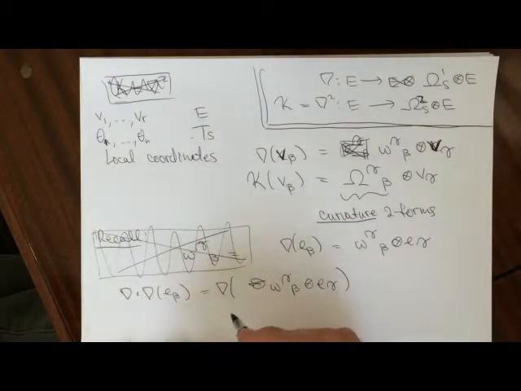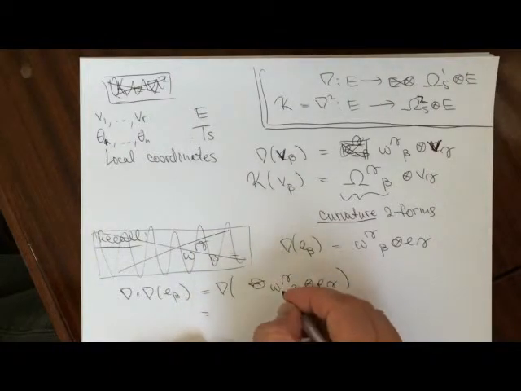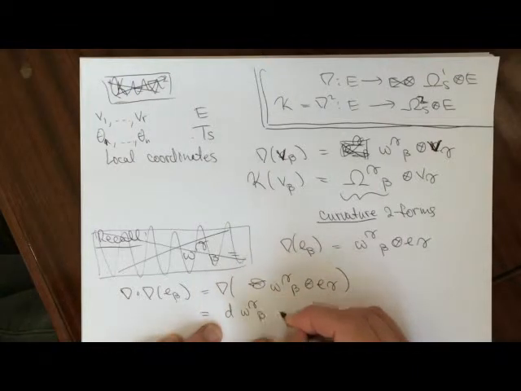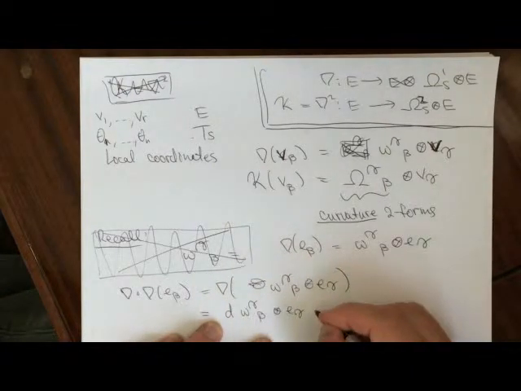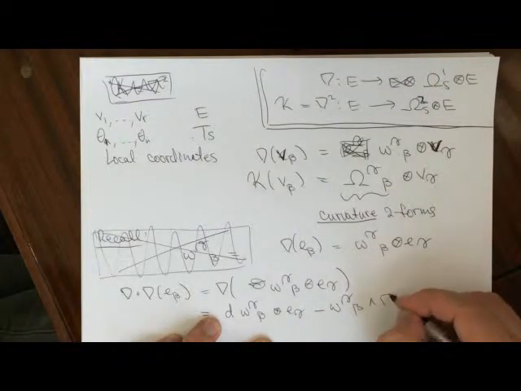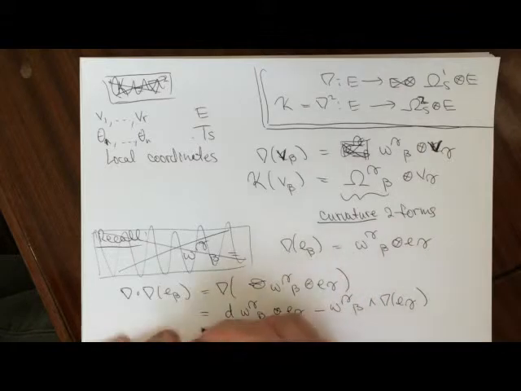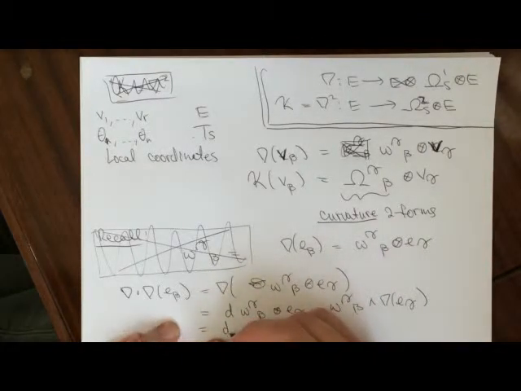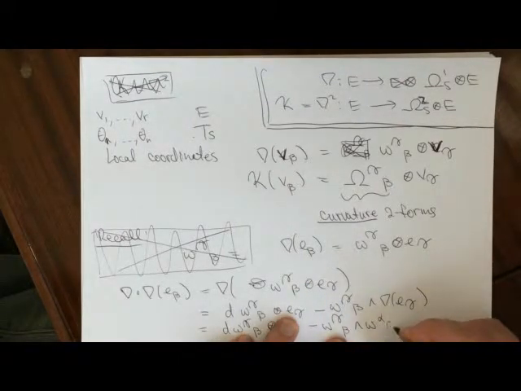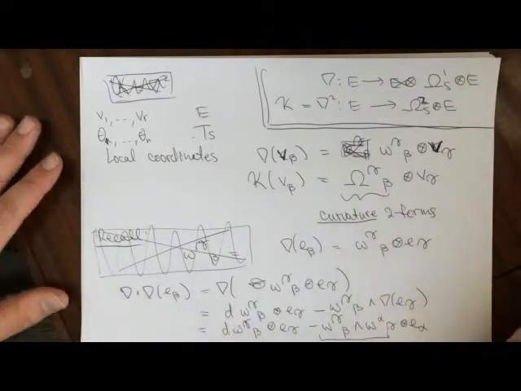Now I'm going to apply the definition for this omega 1. This thing here is d of this guy, minus, since it's degree 1, wedge the exterior derivative of this guy. This becomes d omega gamma beta tensor E gamma minus omega gamma beta wedge, and now I'm going to write out the expression here, omega alpha gamma tensor E alpha.